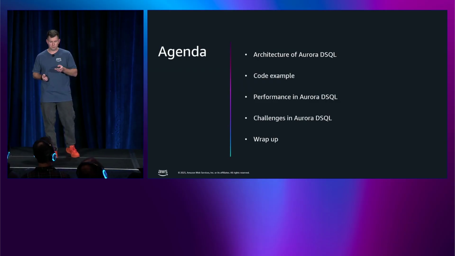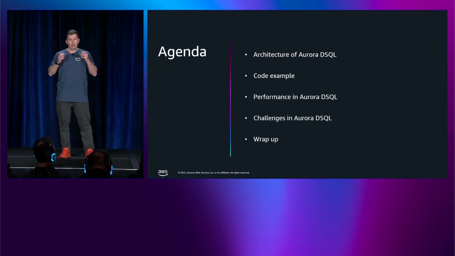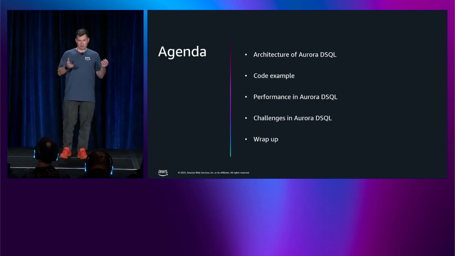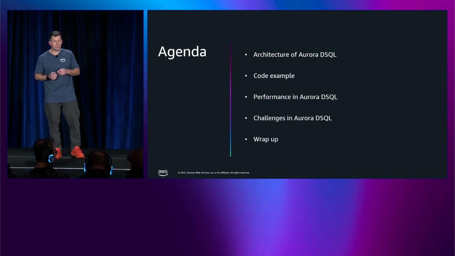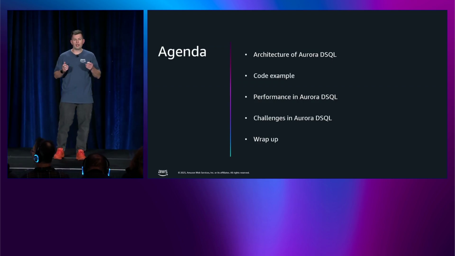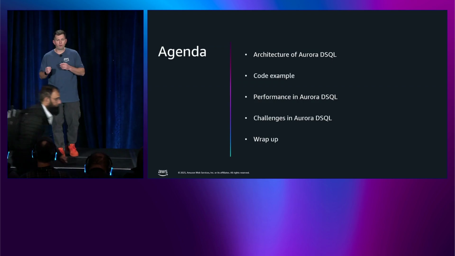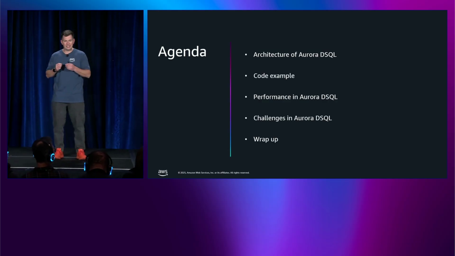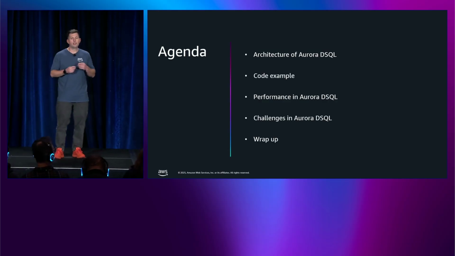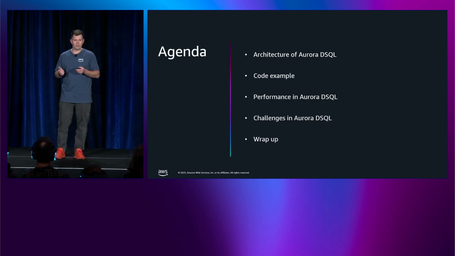For that, we are going to dive deep into the building blocks of this database and its architecture. We will go through a few code samples because this is a 300 level session, and we will go through the performance and challenges that you can see within DSQL, and of course we will wrap up on what we have learned today. And with that, I'm passing the word to Vadim.